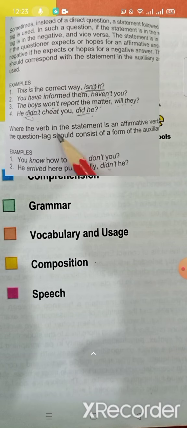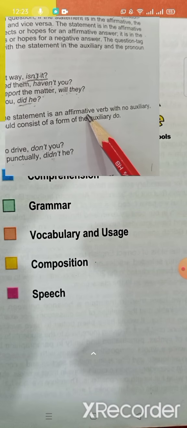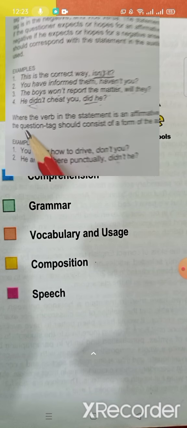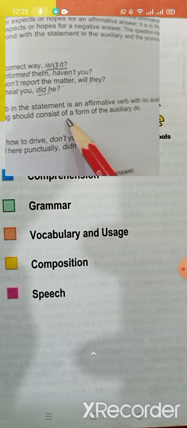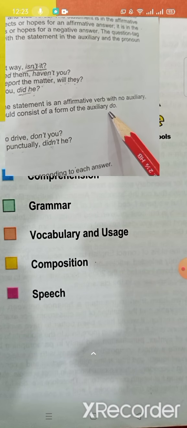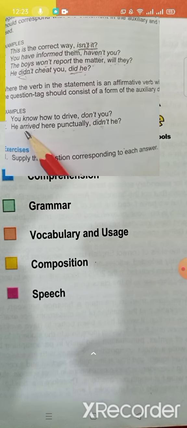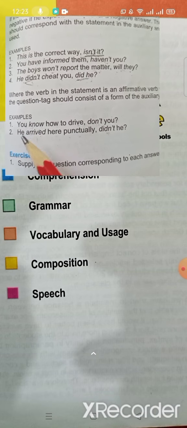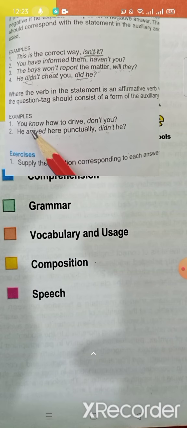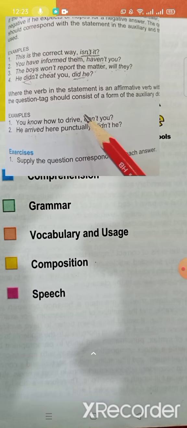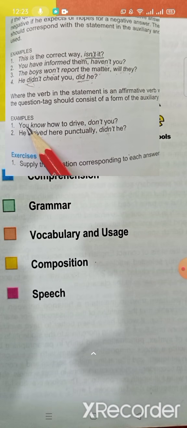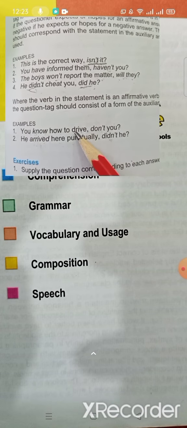Where the verb in the statement is affirmative, with no auxiliary, the question tag should consist of a form of the auxiliary do. If you use the present simple or past simple tense, there is no auxiliary, so you need to use do and did. For example, in the present tense: you know how to drive.